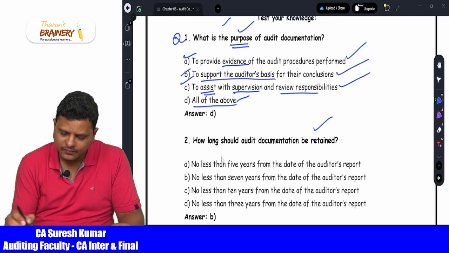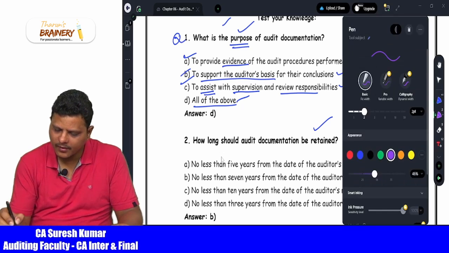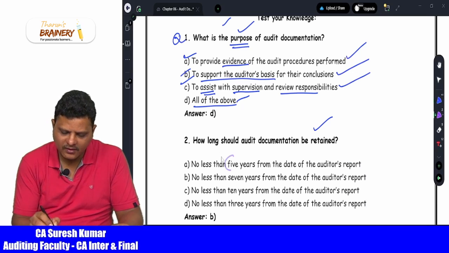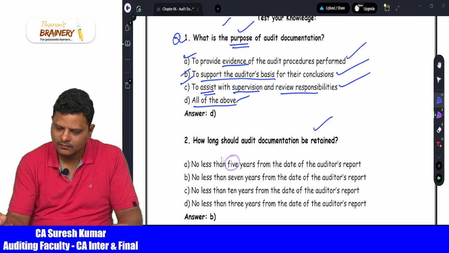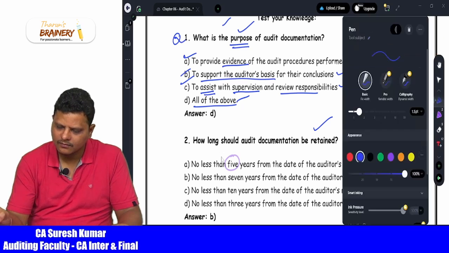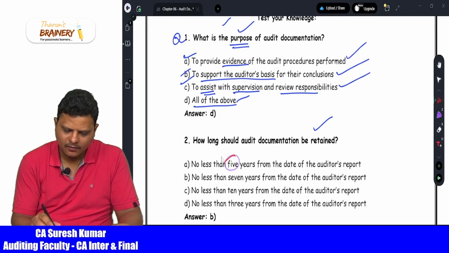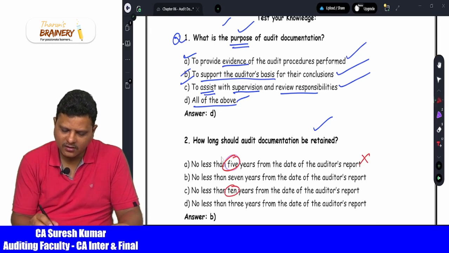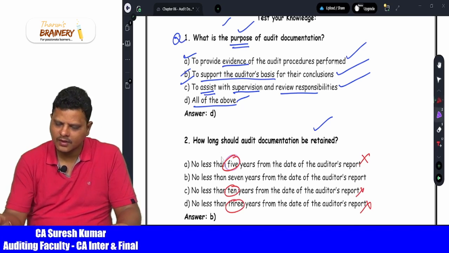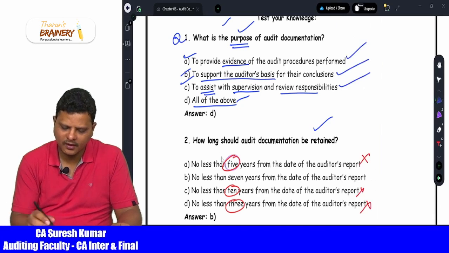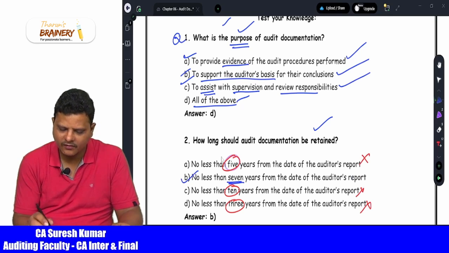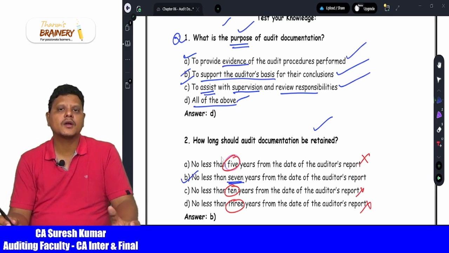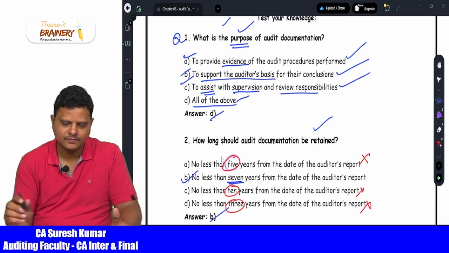Now, 5 years, wrong answer. 10 years, wrong answer. 3 years also wrong answer. Then what is left over? Option B, which is 7 years. So what is the retention period of documentation? 7 years. So B is the right answer.